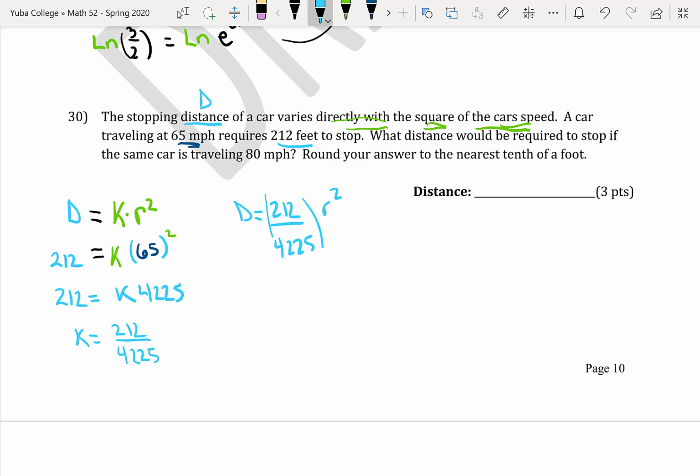Okay, so our distance here, we're trying to figure out when it's going 80 miles per hour. So our distance here is equal to our 212 over 4,225 all times 80 squared.